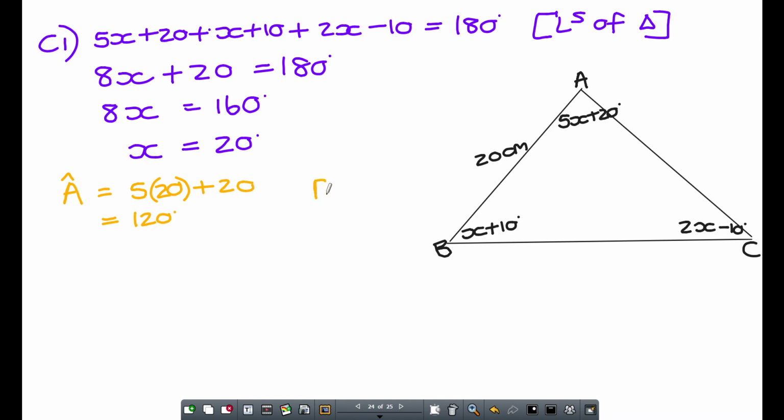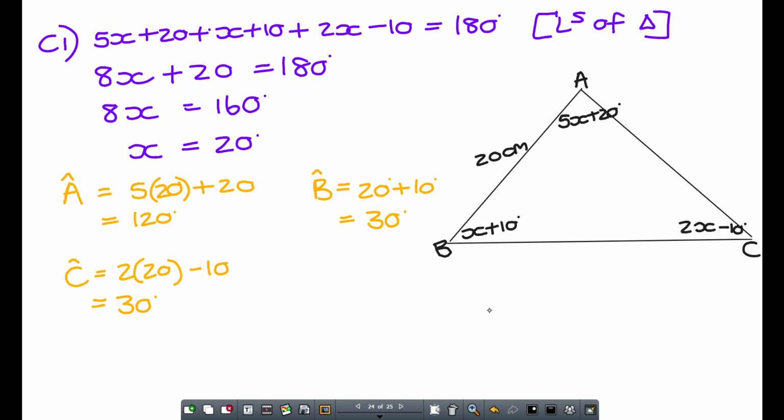Okay, angle B will then be 20 plus 10, meaning B will be 30 degrees. Okay, angle C will be 2 times 20 and then minus 10, so 40 minus 10, so 30 degrees again. Okay, you guys fine with that?